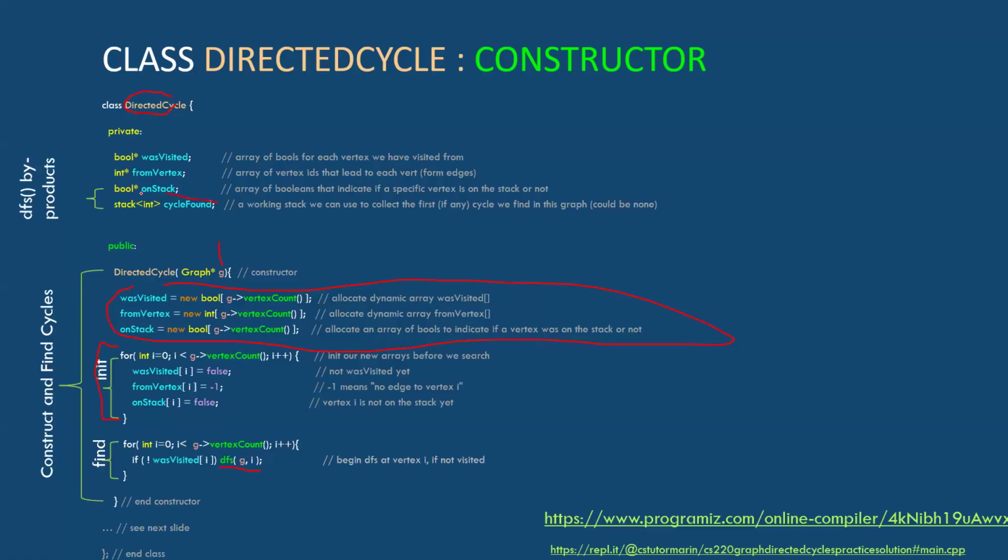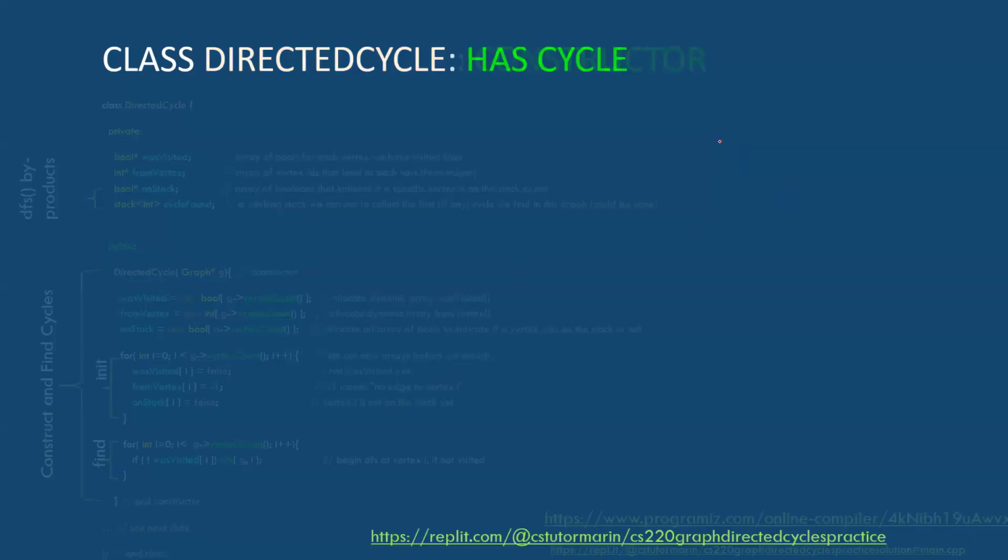Remember that the cycle is going to be empty unless we find a cycle. If we find a cycle, then we will record what that cycle was. We're only finding one cycle before we give up, so at most one cycle. We're not going to find all cycles, just one cycle.